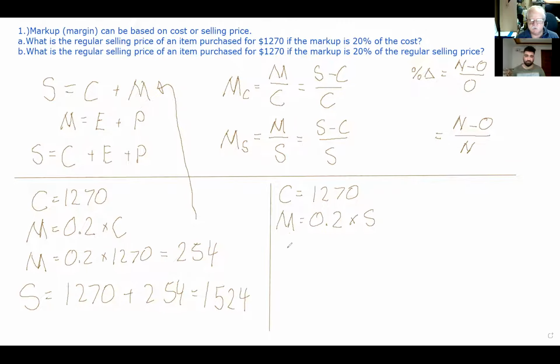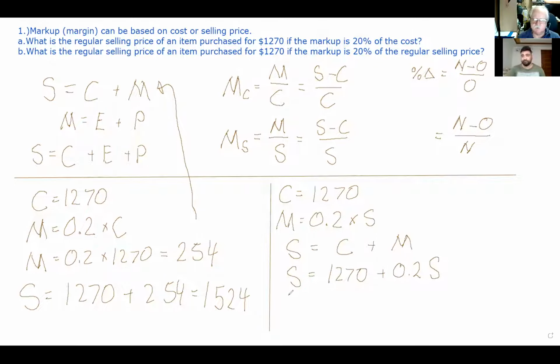We can still put it into this equation, S equals C plus M, and we don't know the selling price. We do know the cost, and we know something about the markup. It's 0.2 of S. And now we can see that we've got one equation with one unknown.